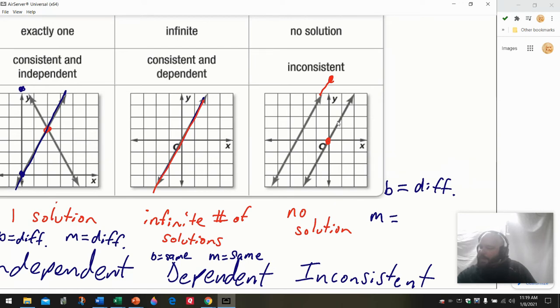But if you were to count the slope, we would go up 2 over 1. If I start here and go up 2 over 1, it lands me right back on the line. So both of these have a slope of 2 over 1. So their slopes are the same. And so in the case when your y-intercepts are different, but the slopes are the same, that means you will have an inconsistent system and there will not be a solution because the lines are parallel.